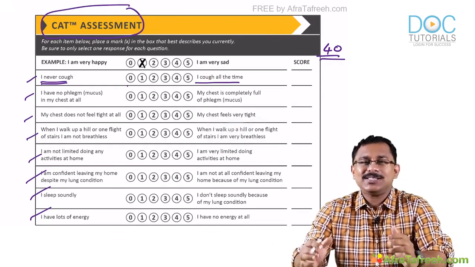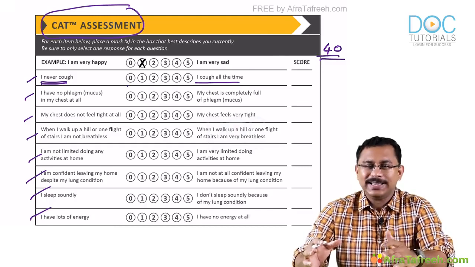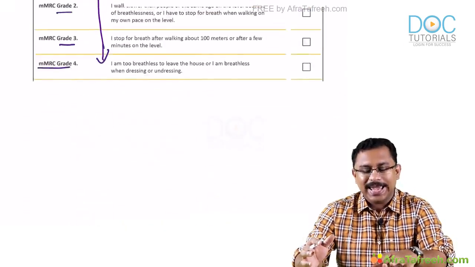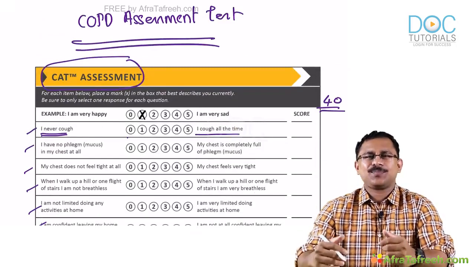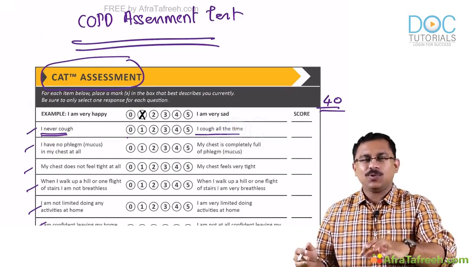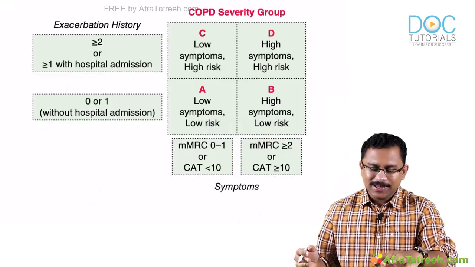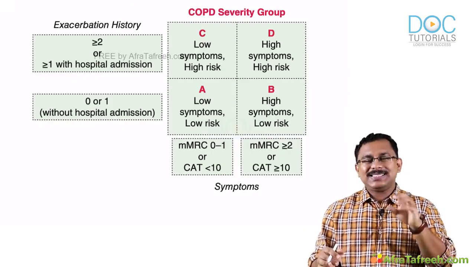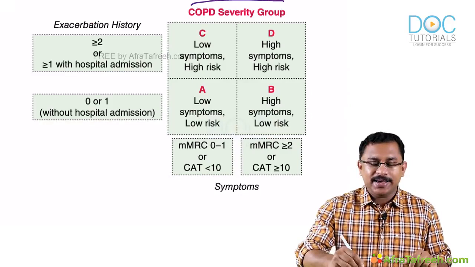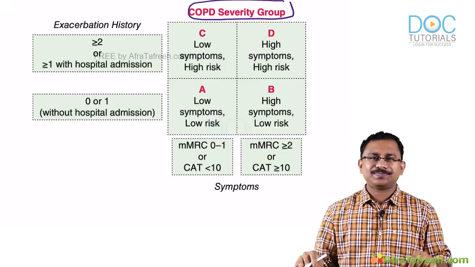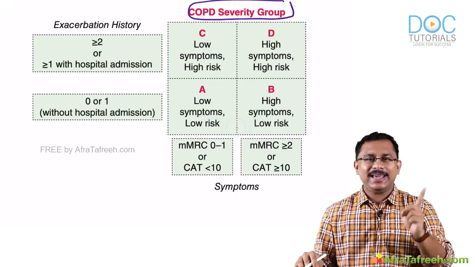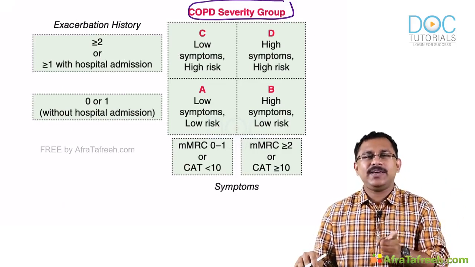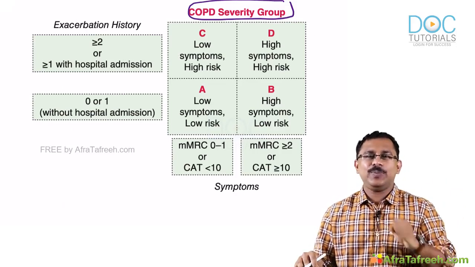So in a patient with COPD, GOLD says that you have got to measure the MMRC and your CAT assessment. Why? That is what we are going to learn. This scoring is important for the severity grouping of COPD.